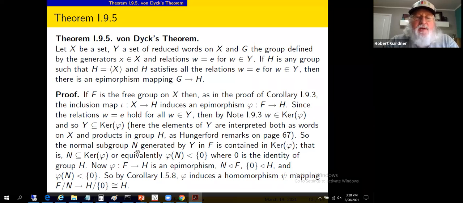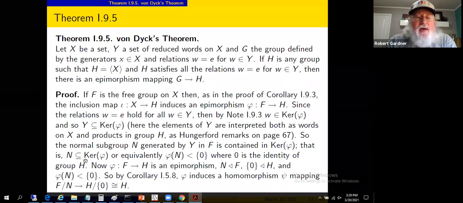So the claim is, let N be the normal subgroup generated by this set Y. It's contained in the kernel of phi. That is, N is a subset of the kernel of phi. Okay, let's chat about that briefly. Well, now the kernel of phi is a normal subgroup of group F. Kernels of homomorphisms are normal subgroups. We've used that many times.